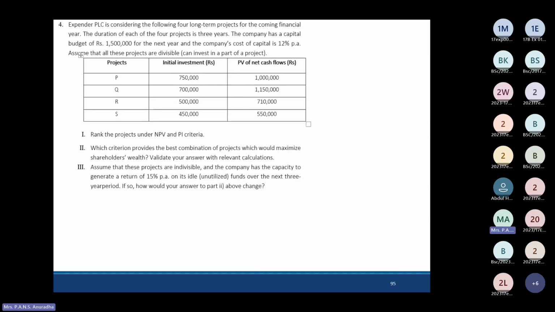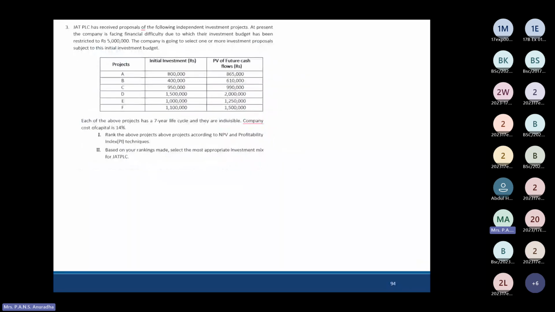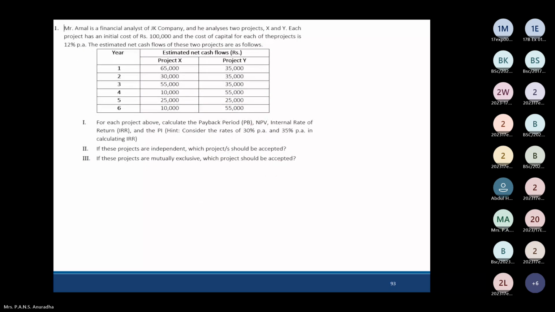Right. So there are some questions I have put here from your tutorial. This one is not difficult. You have to calculate payback, NPV, IRR. If projects are independent, which are accepted. If mutually exclusive, which is the accepted one.